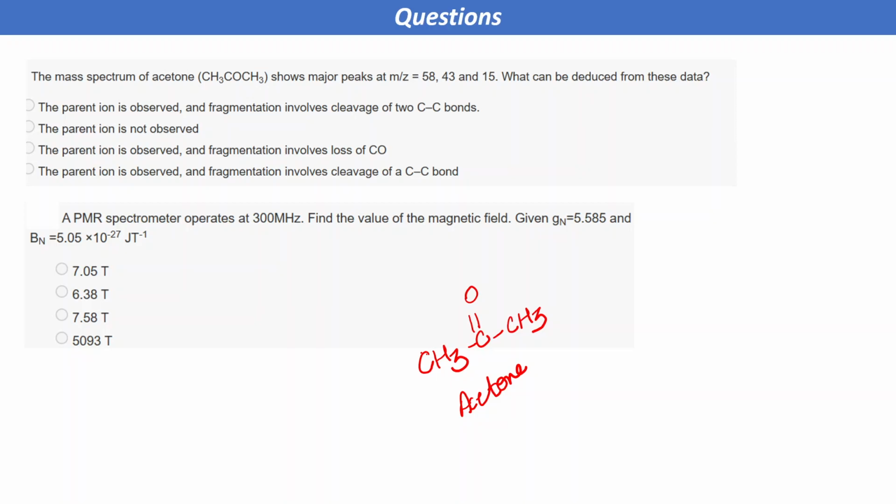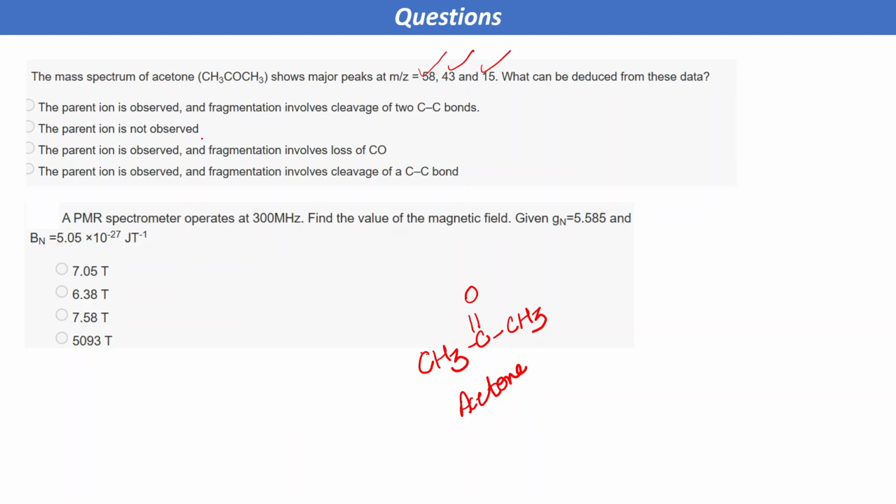So what will be the m/z values of acetone? They are telling that it will show 3 peaks at 58, 43, 15. What can be deduced from these data?